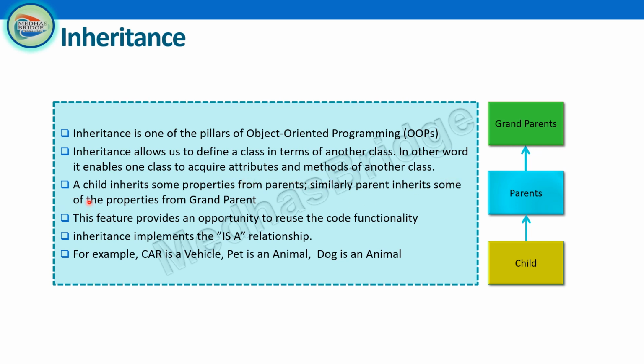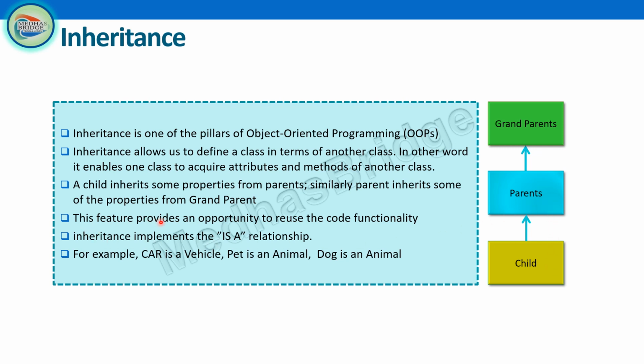A child inherits some properties from parents. Similarly, a parent inherits some properties from a grandparent. If you look at this example, a parent can inherit some properties from a grandparent. On the other hand, a child can also inherit some properties from a parent.